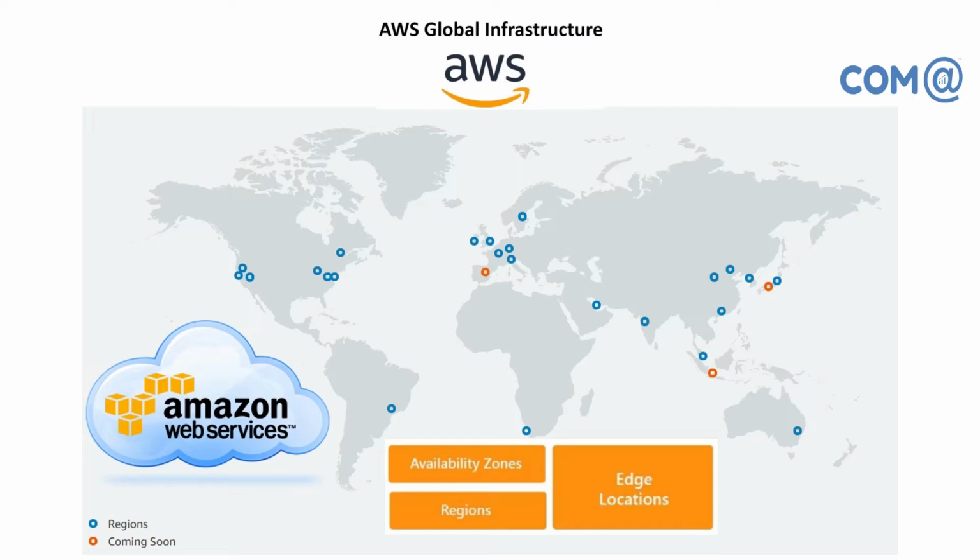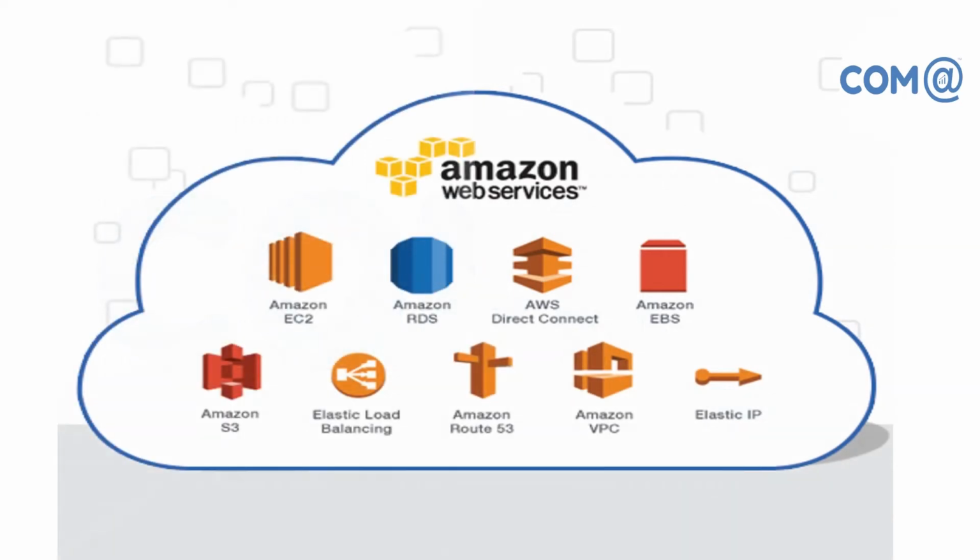We'll understand about their regions, in what all regions they have their data centers, and about the availability zones of the data center, and also we'll understand about the edge locations.